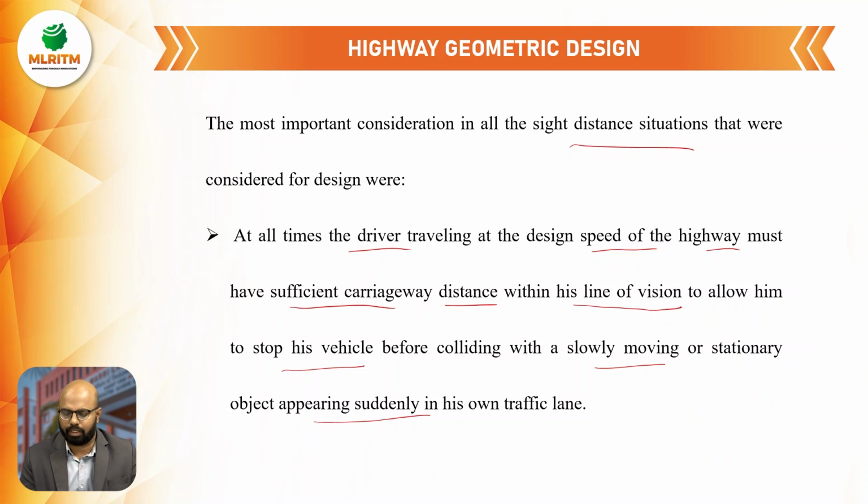If any slow moving or stationary object is there, the driver has to visualize that object and stop the vehicle in order to avoid collision. That is the purpose of sight distance.